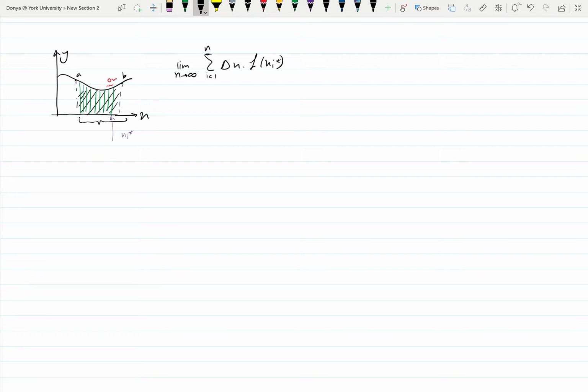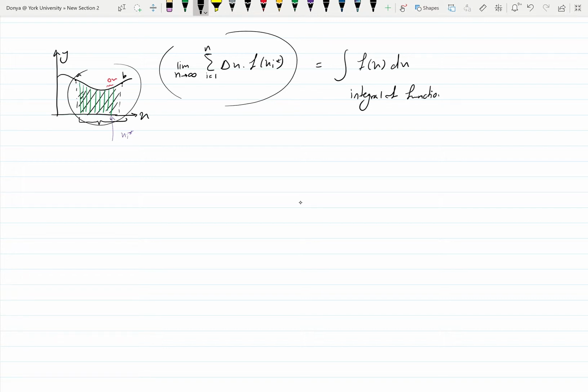Now there's an easier way of calculating this area under the graph. We can replace this entire expression with this. So we have the integral of f(x) dx. This is called the integral of the function f(x).